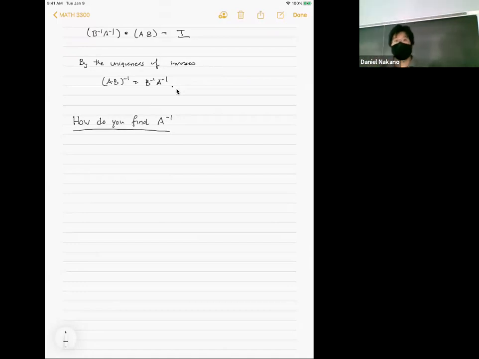All right, so what we'll do is we'll actually use Gaussian elimination in a more sophisticated way, I should say just more involved. All right. So if I look at A times A inverse, I'm going to write A inverse in terms of columns.